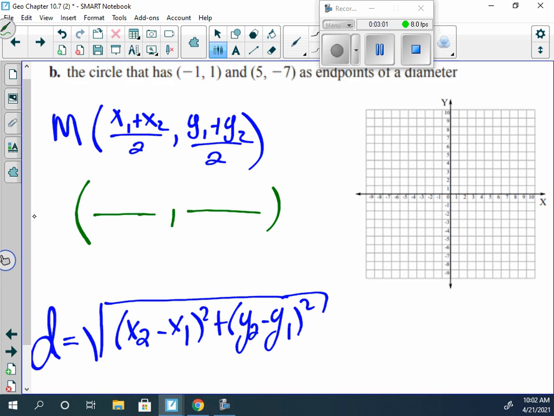So we're going to take the x values of the two endpoints of the diameter, which are -1 and 5. So we'll have -1 plus 5 divided by 2 for the x value of the midpoint. And for the y value of the midpoint, we'll have 1 plus -7 divided by 2.